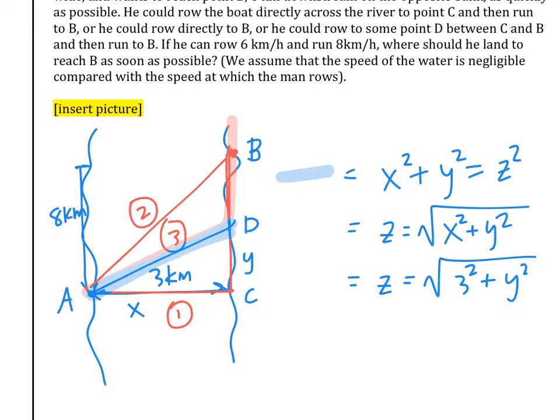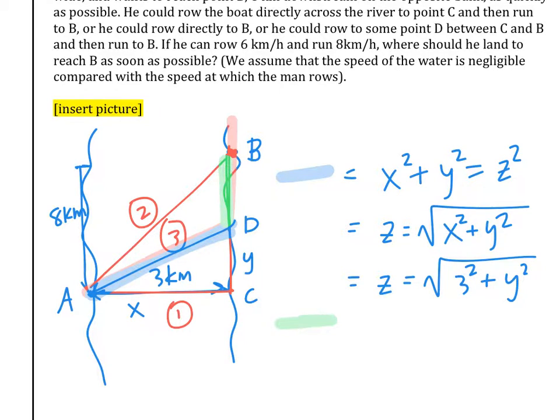Now we're going to figure out this green part. How long is the green part? Let's say that he lands at a point and runs to D. The total is 8, and let's say the y part is 2. Then how much is BD? 6. How did you know it's 6? 8 minus 2. So it's always the total distance minus how much he already went across.